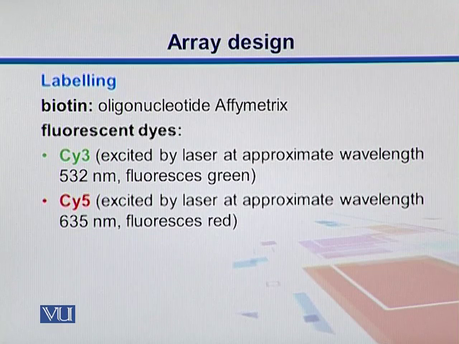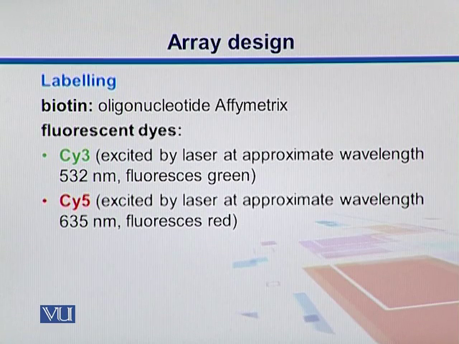As far as labeling is concerned, we use biotin in the Affymetrix oligonucleotides, and this biotin is then attached to streptavidin, which is attached to phycoerythrin, a colored pigment, that can then be used to give a color display, and with those colors we can get an idea of the relative expressions.